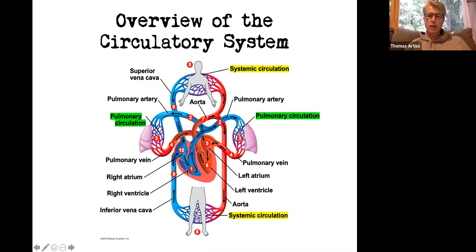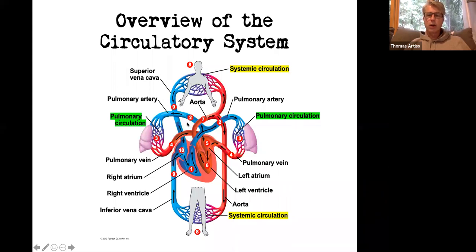But let's again start with deoxygenated blood returning to the heart. So at this point, we're now going to follow the pathway of blood, whether it's coming from the upper body through its series of veins back to the heart, or from the lower body and its veins back to the heart. But in either case, we're talking about deoxygenated blood.